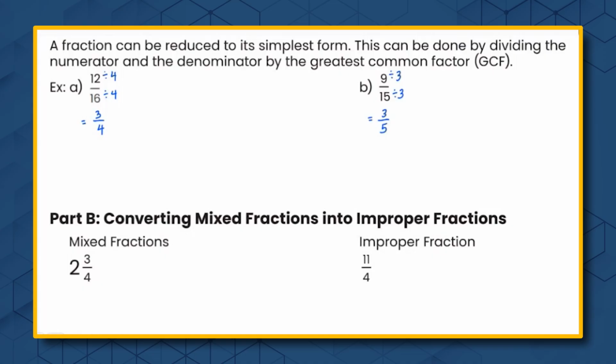So in order to change this mixed fraction into an improper fraction, the best way is to take 2 wholes and rewrite it in terms of a fraction. We see here that the denominator is 4. This means 4 equal parts will make up 1 whole. So if I want to rewrite 2 wholes, I'm going to rewrite it as 4 over 4, that's 1 whole, added with another 4 over 4.